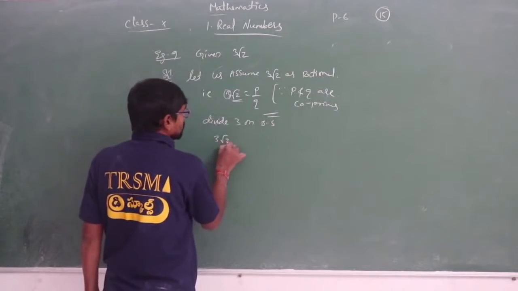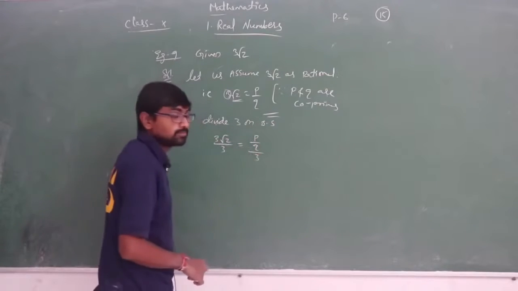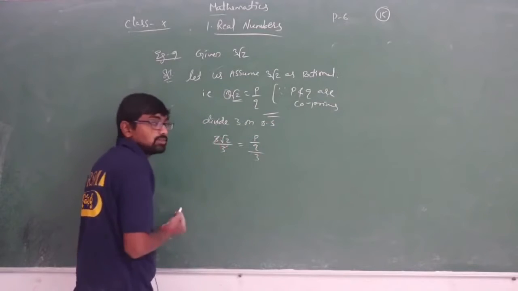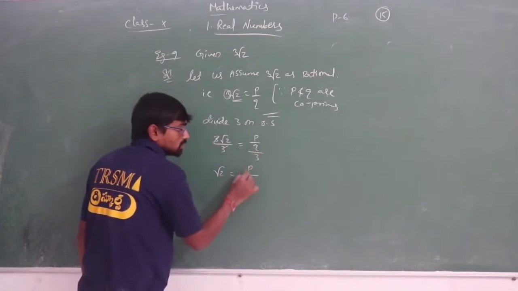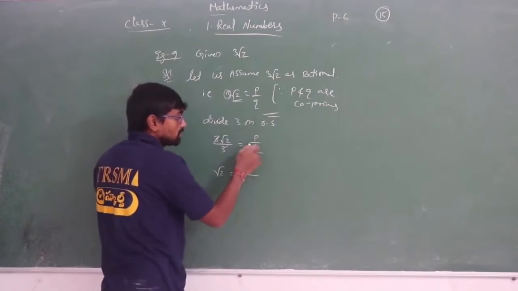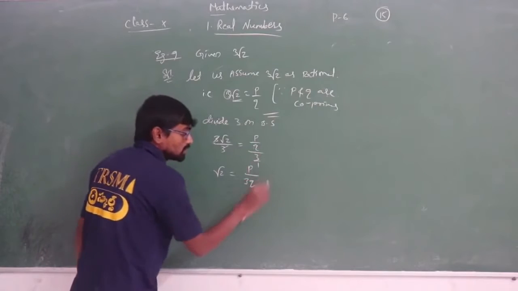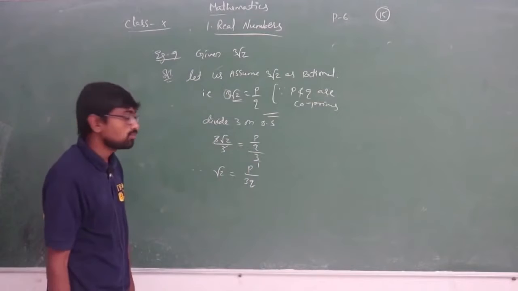What will we get? 3 root 2 by 3 is equal to p by q by 3, isn't it? So 3 by 3 will become 1. So root 2 is equal to p by 3q, after cross multiplication.